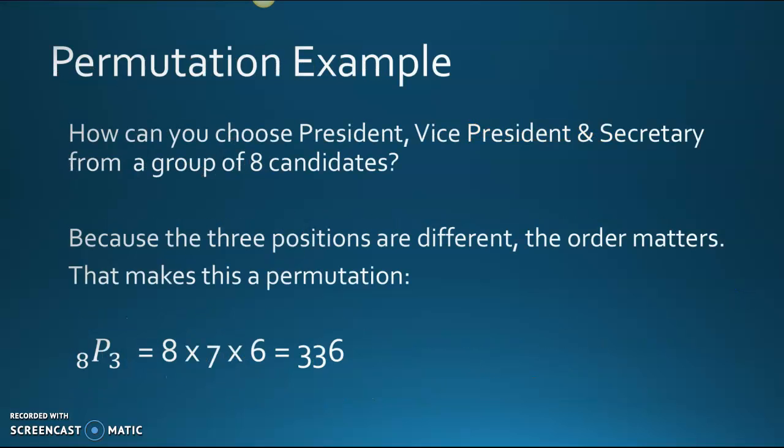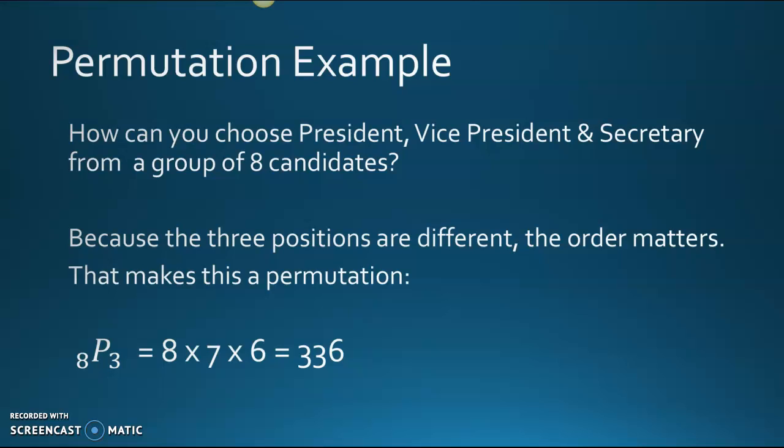Let's do a couple of examples. This first one is a permutation. How can you choose a president, a vice president, and a secretary from a group of 8 candidates? There's nothing here that says this has to be in order, but these 3 positions, president, vice president, and secretary, are very different jobs. So it does matter what order you select people in. Whether you select somebody as president or secretary could make a very big difference. So this is a permutation.